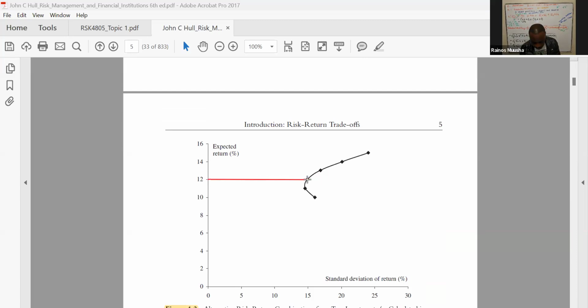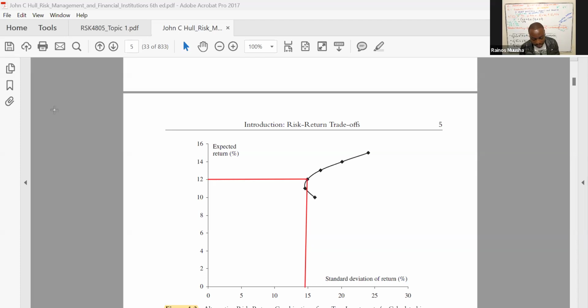This is where we find 12%, and 14.87 is somewhere just below 15, somewhere there. So this is how you plot the graph of the expected return against the standard deviation. Are we on the same page?